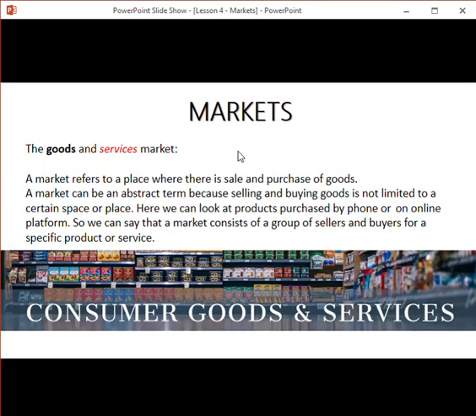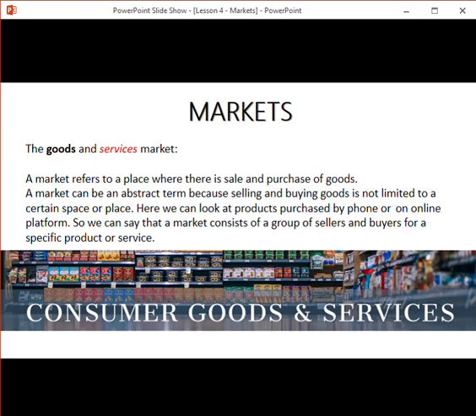So, market, the goods and the services market. I explained it in the previous slide. Market refers to the place where there's a sale and purchase of goods. A market can be an abstract term. Now, abstract means it doesn't have to be at one place.